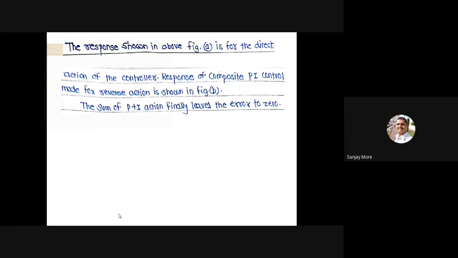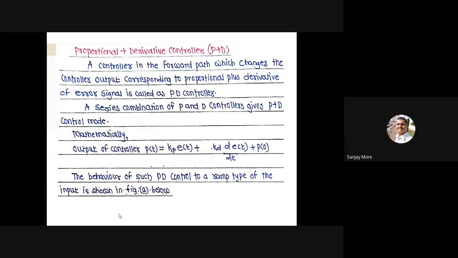Okay, means Kp divided by Ti, the reciprocal of this time. The response shown in figure A is for the direct action of the controller; response of composite PI control mode for reverse action is shown in figure B. The sum of PI action finally leaves the error as 0. Okay.